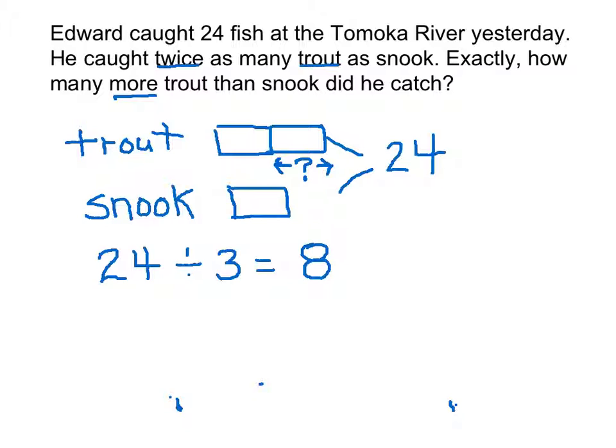So there are 8 in each box. And my question is, how many more did Edward catch? So I want to know how much is in this box right here. So, of course, my answer is 8. Edward caught 8 more trout than he did snook.